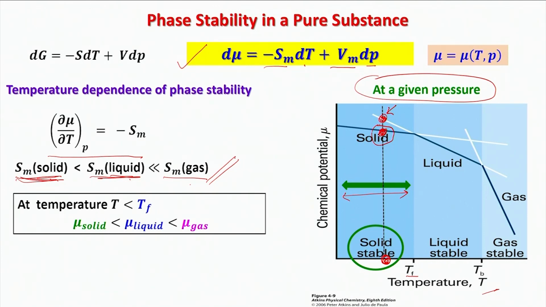Now, have a look at this behavior of mu versus T. For the solid, I have mu decreasing with temperature with the least negative slope. I have the liquid decreasing with temperature having a moderate negative slope, and the gas decreases most steeply in chemical potential because it has the largest negative value as the slope of the curve.